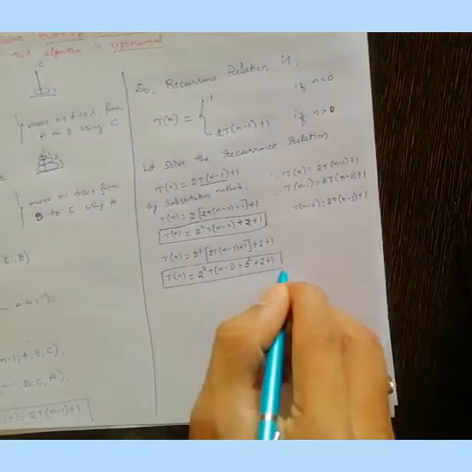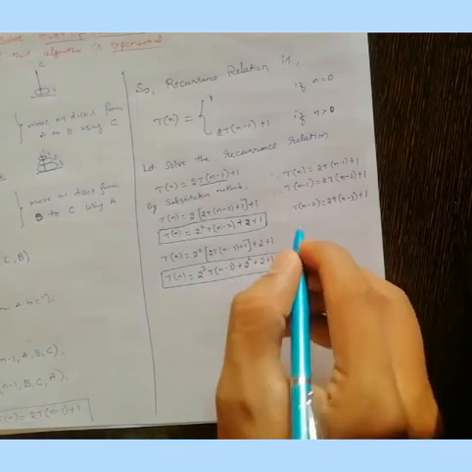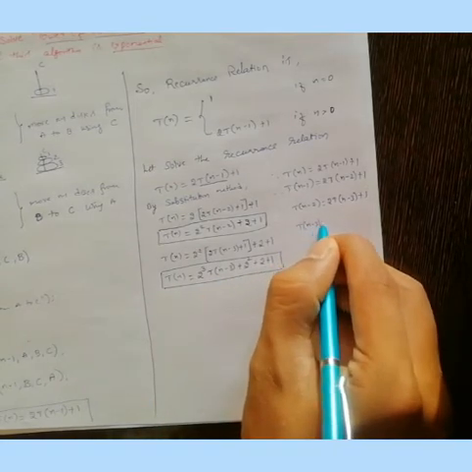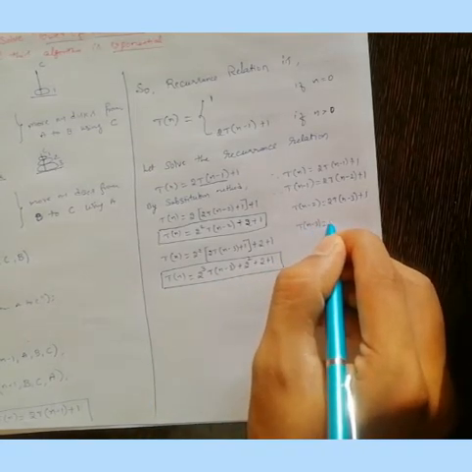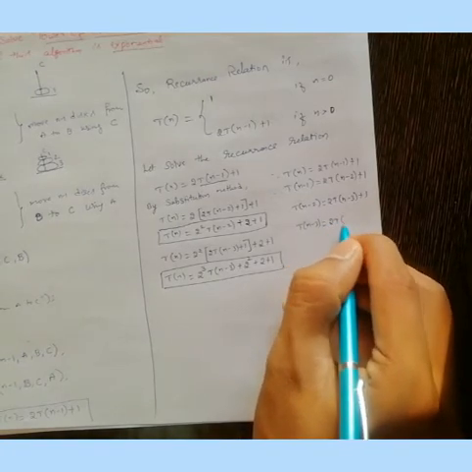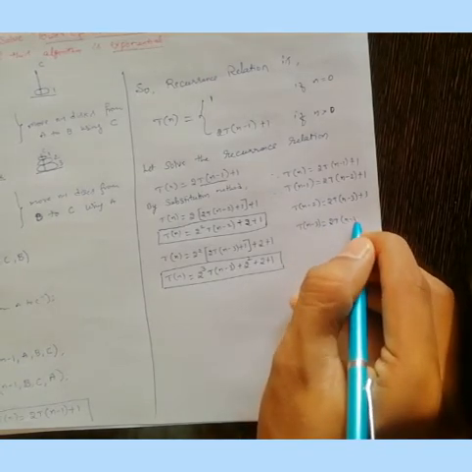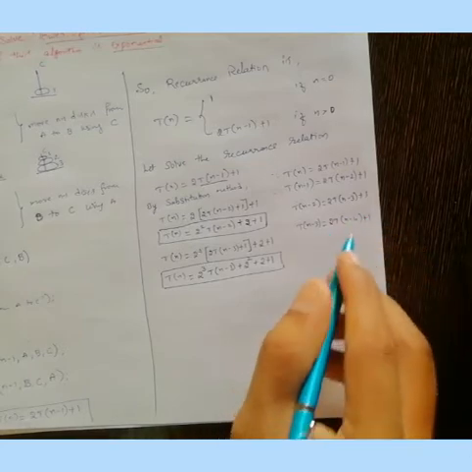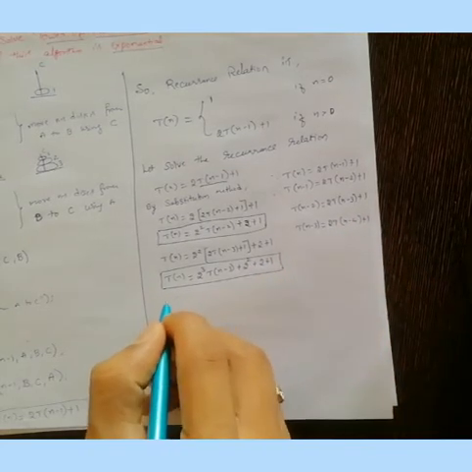Again, what is the value of T of n minus 3? It is equal to 2 T of n minus 4 plus 1. So substitute this into this equation.